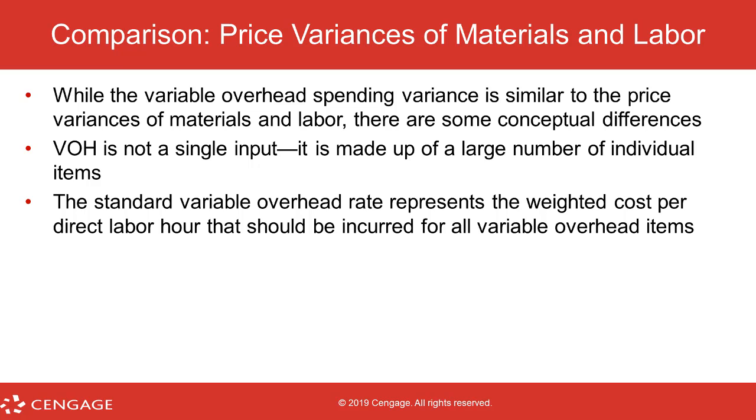So, like in our humble pies case, for example, we knew that the materials and labor for each different variety of pie varied significantly in some cases. But in terms of the factory as a whole, the variable overhead rate was constant. So since so many different factors go into variable overhead, the rate represents the weighted cost per direct labor hour that should be incurred for all variable overhead items.